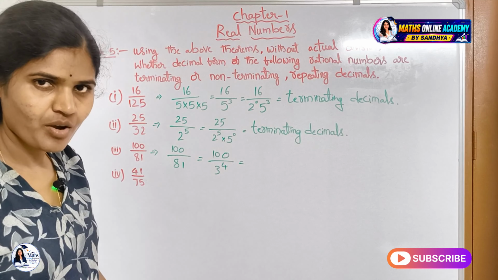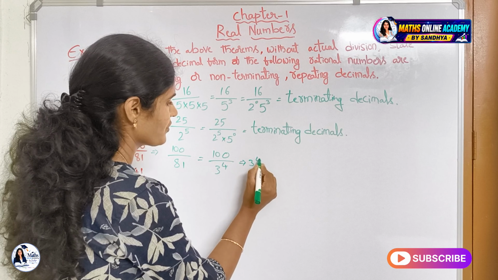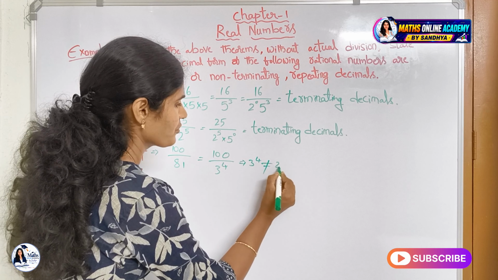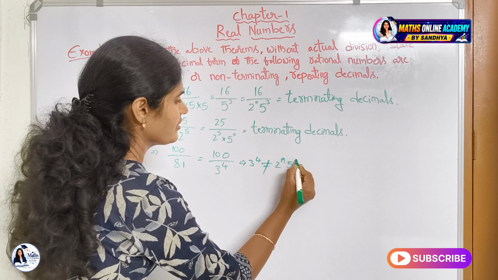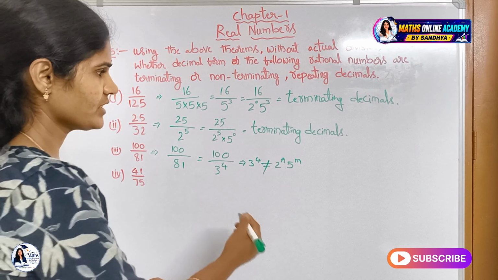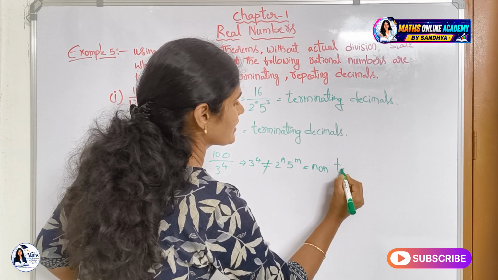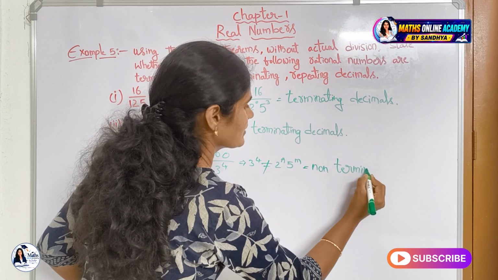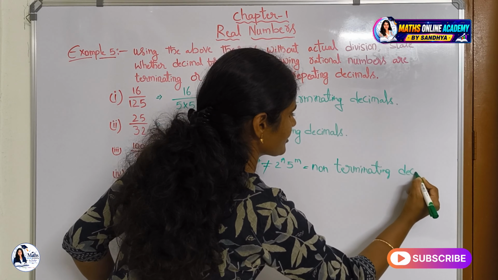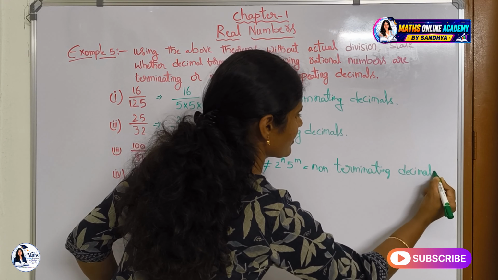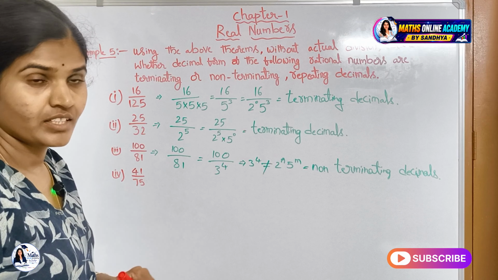This is not in the form of 2 power n and 5 power m, so this is non-terminating decimals.